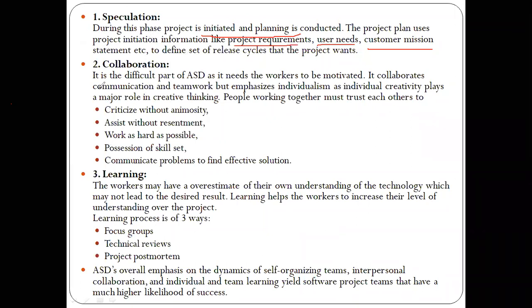And coming to the second phase. What is the second phase? The second phase is collaboration. Collaboration is the difficult part of ASD, as it needs the workers to be motivated. What do we need at this phase? Workers should be motivated individually.